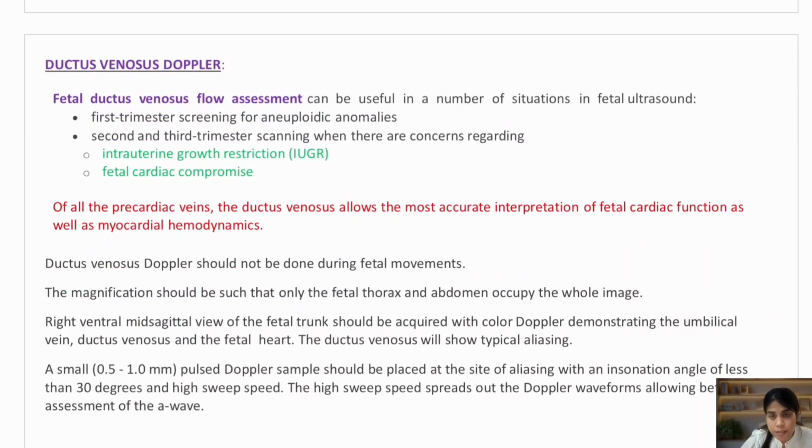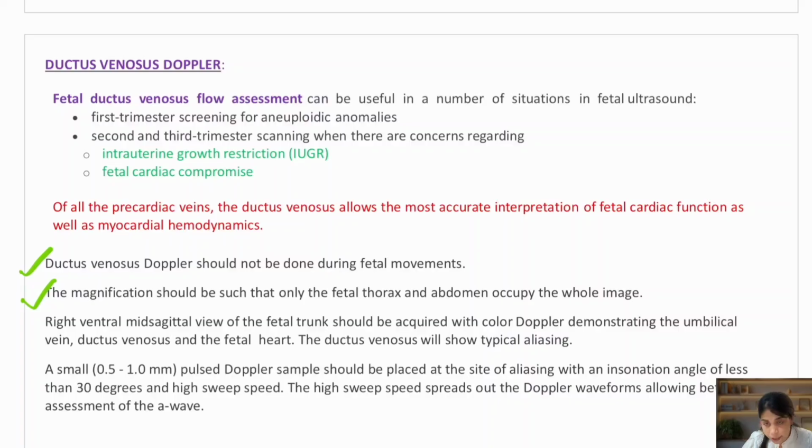So how is this ductus venosus Doppler done? Ductus venosus Doppler is used in the first trimester for aneuploidy and congenital heart diseases, and in the second trimester for IUGR and fetal cardiac compromise. It should not be done during fetal movements; the fetus should lie still. The magnification should be such that only the fetal thorax and abdomen occupy the whole image.